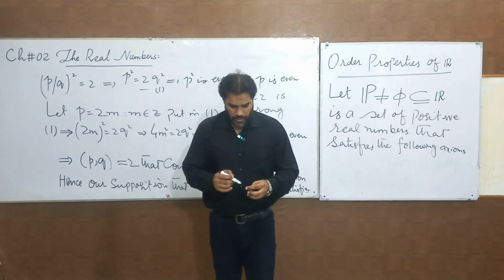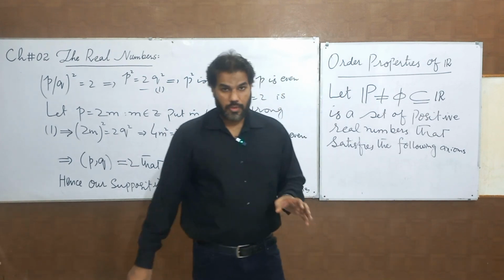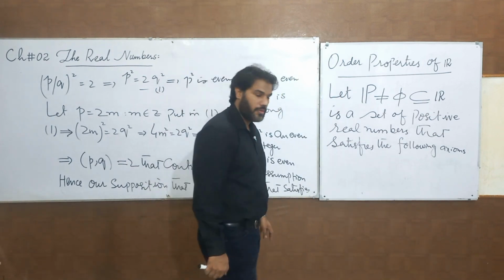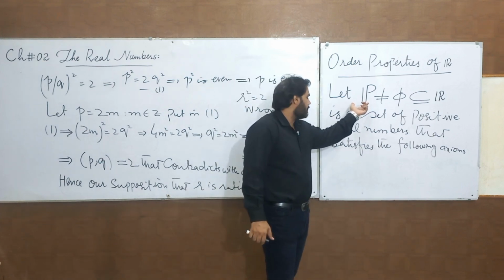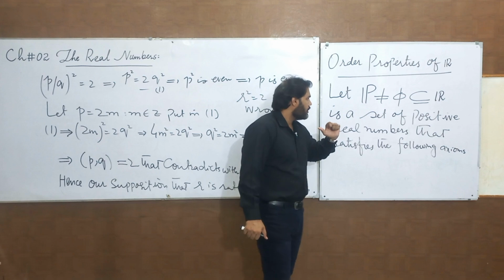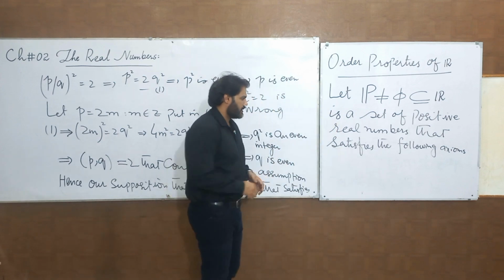Throughout this chapter, when we discuss a set of positive real numbers, we will denote that set by this P. Now this P satisfies the following axioms.